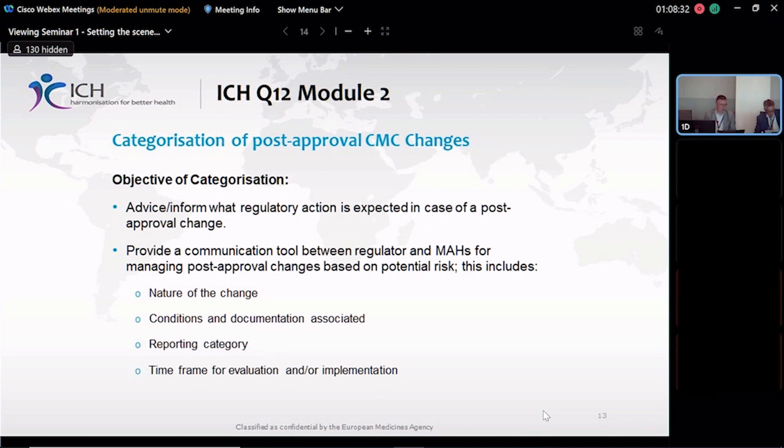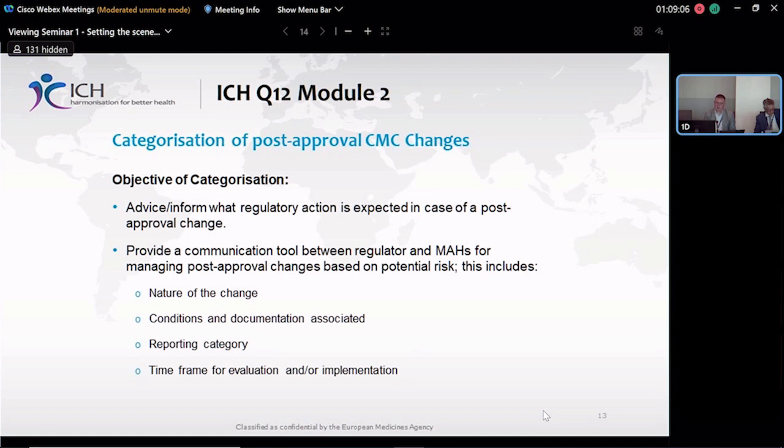And this comes back to that important word we saw in the word cloud, which is transparency. So by having a clear system of categorization of variation, it's clear to the industry what's expected, what category of variation or submission they're expected to submit, when they are expected to submit it, what documentation they will be required to provide, and importantly, what they can expect from the regulator.